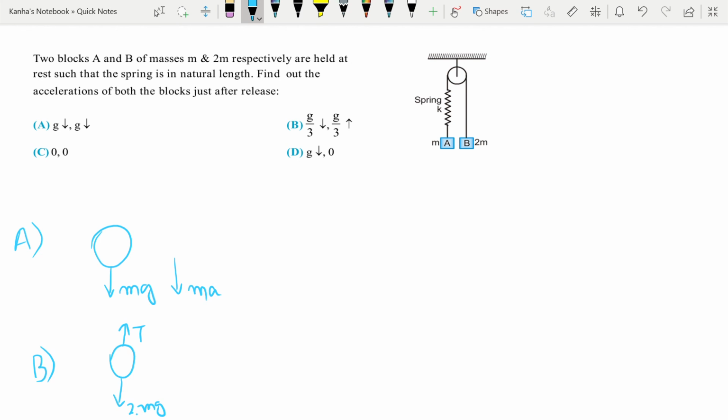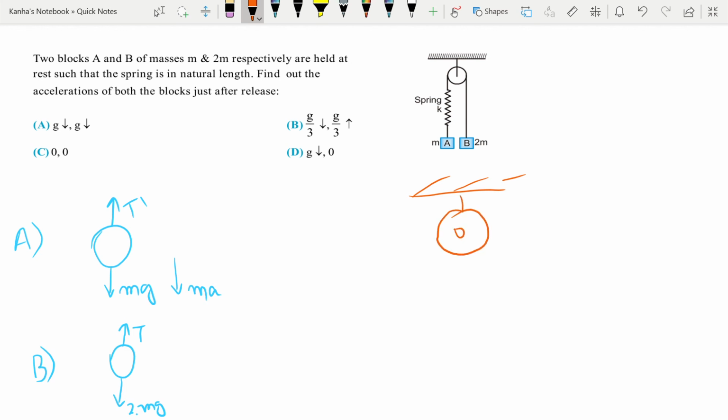Let me mark the tension on the first one as T prime, and mark it on the spring as well. Or it's better if I draw the spring in a bigger picture.